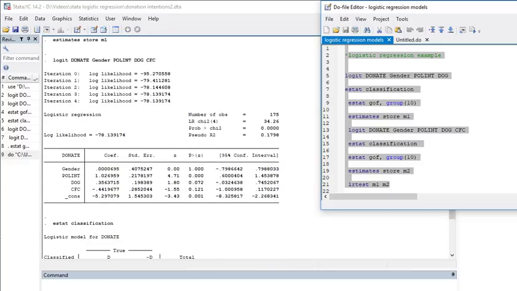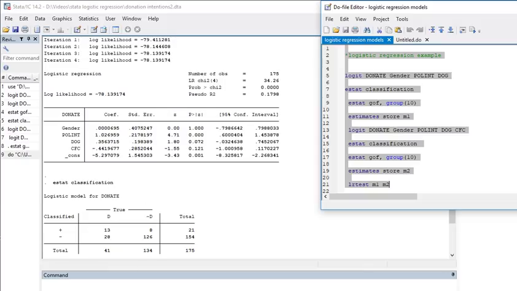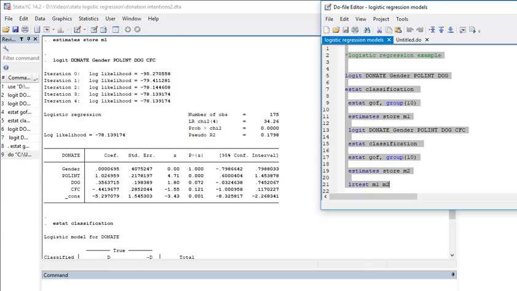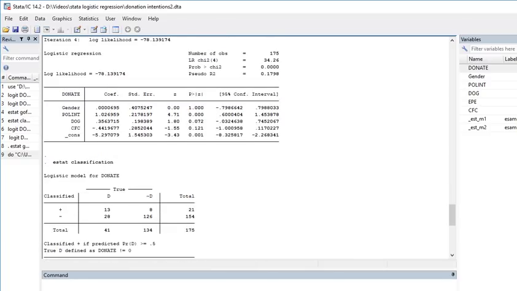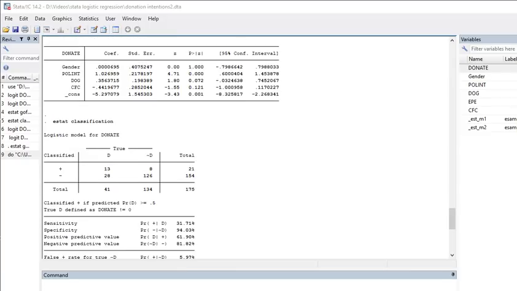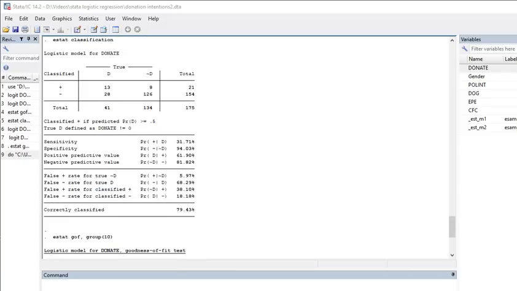Then we have the next model where we've added in CFC. When we've done that, you can see CFC in this case actually has a negative coefficient. It's not statistically significant. So really, adding that in didn't help us out all that much. We have the classification statistics related to that.